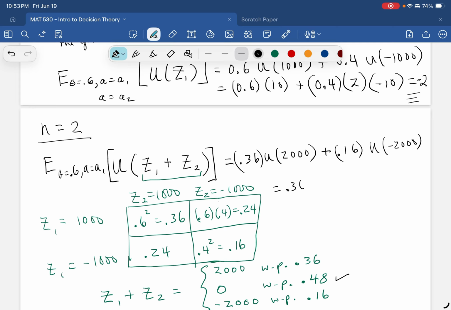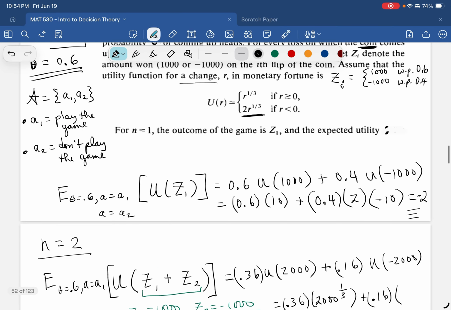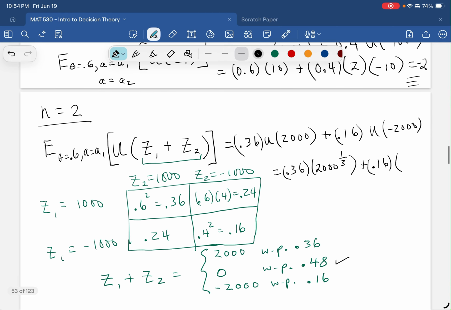So then that's 0.36 times 2,000 to the 1/3 plus 0.16 times, and then remember for negative numbers it's different. It's 2 times r to the 1/3.